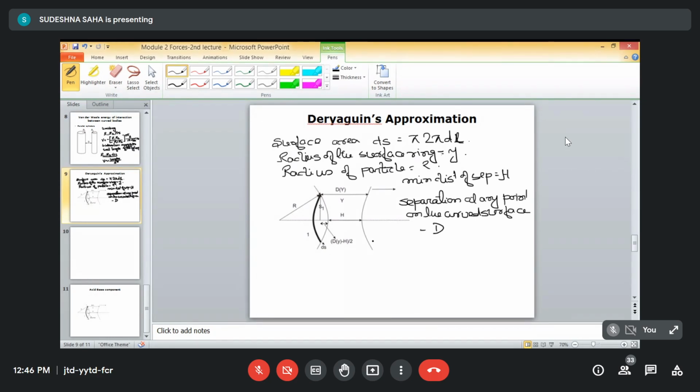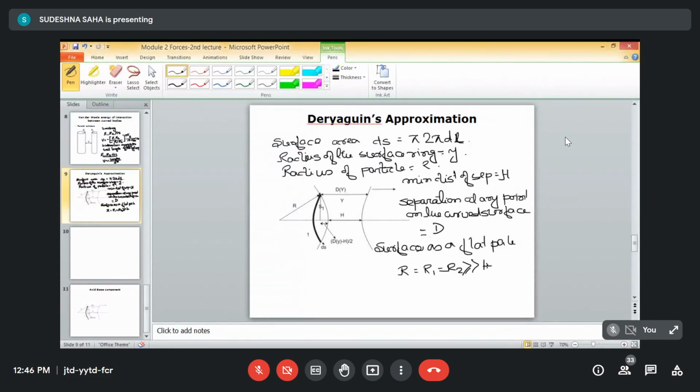And we are approximating that the surface is a flat plate, where r equals r1 equals r2 is much, much greater than h.